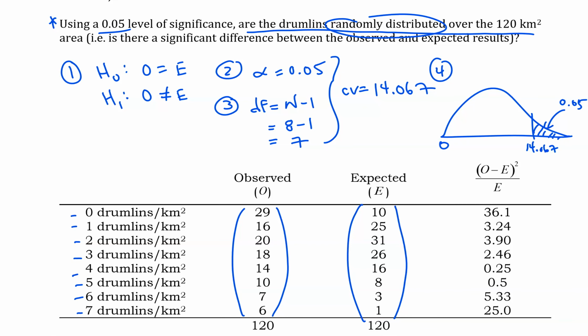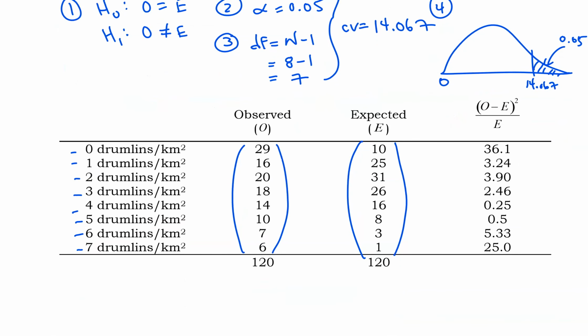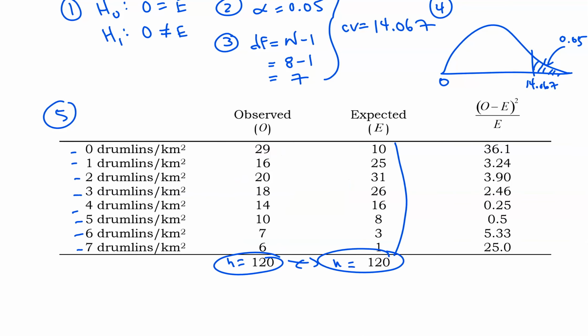And step 5 is where that table comes into play. We've already set up the table here. So all our observed values add up to the 120. The expected values from the Poisson distribution, again, add up to 120. These have to be equivalent to each other. And then again, to save a little bit of time, just because this is a bigger chart, we have our O minus E squared divided by E. You could check each of those if you wanted to.